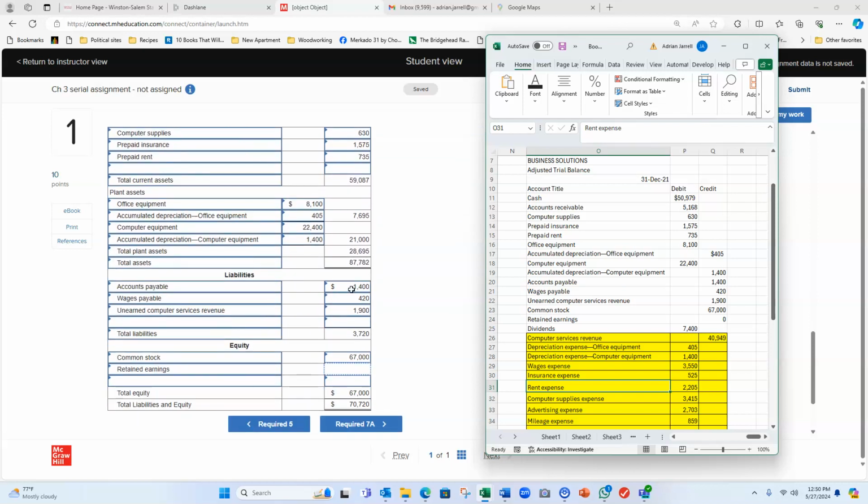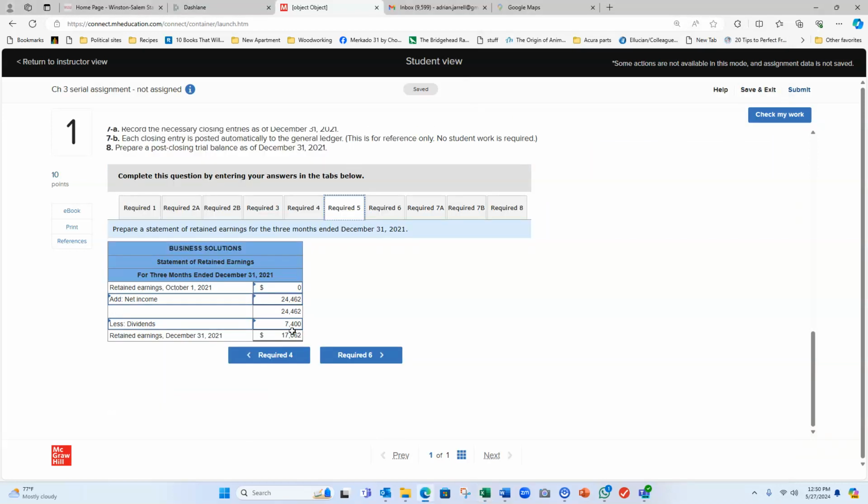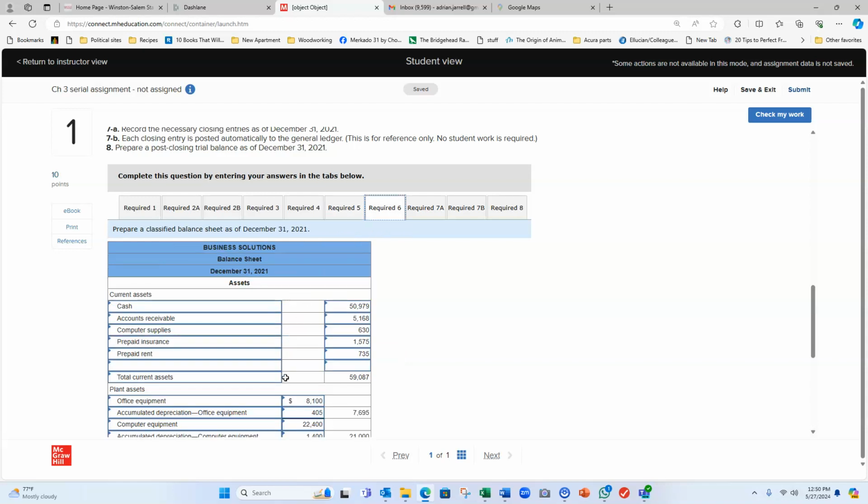Now I've put in accounts payable, wages payable, unearned revenue, total liabilities, common stock, and I don't have retained earnings yet, so I'm just going to go over here to the retained earnings statement, 17,062.